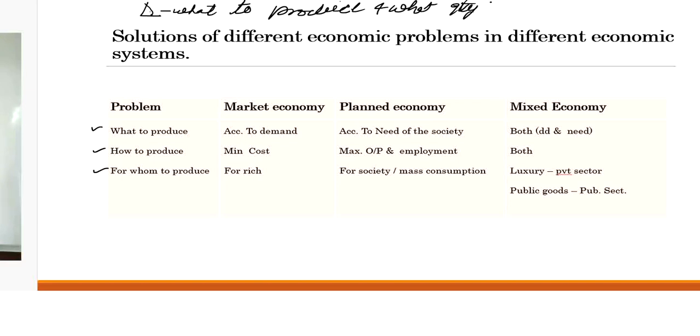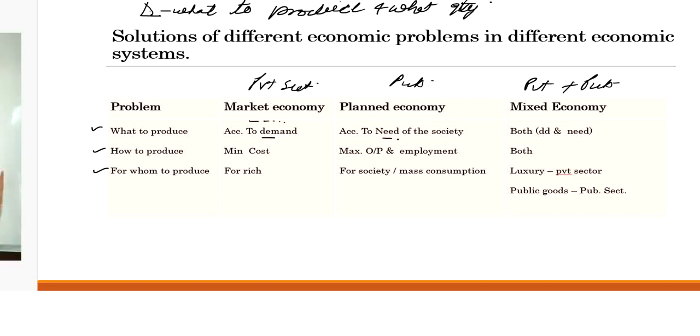First we will talk about the market economy, capitalistic economy represented by private sector. What to produce? It produces according to demand. Whereas planned economy, centrally planned economy or socialistic economy, it produces according to need. In the mixed economy, which is the combination of private plus public sector, private sector will produce according to the demand and public sector will produce according to the need.